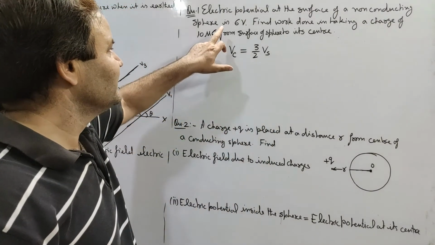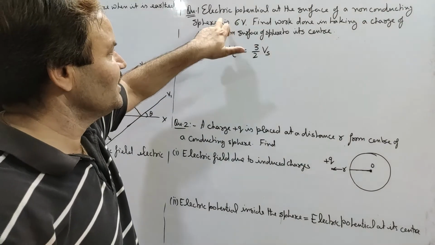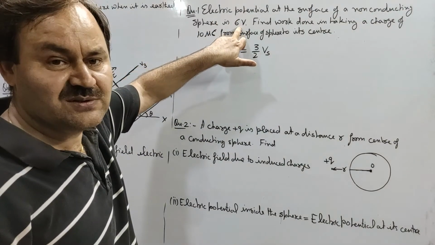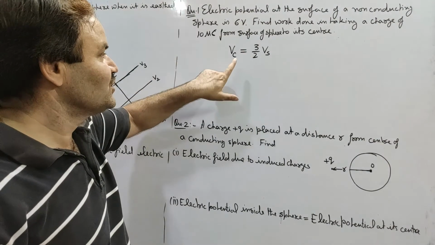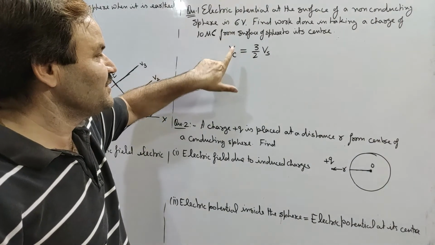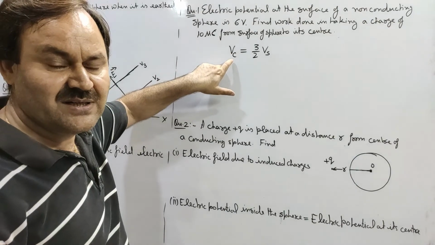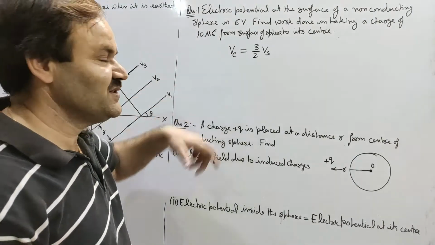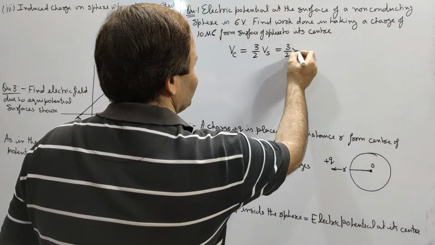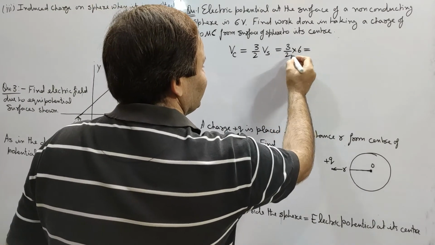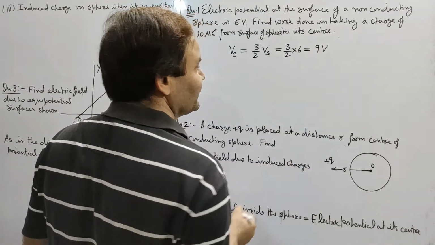And here in this question, the electric potential at the surface is given as 6 volt. So we can use it to find the electric potential at the center, and that will be 3 by 2 into 6, that is 9 volt.